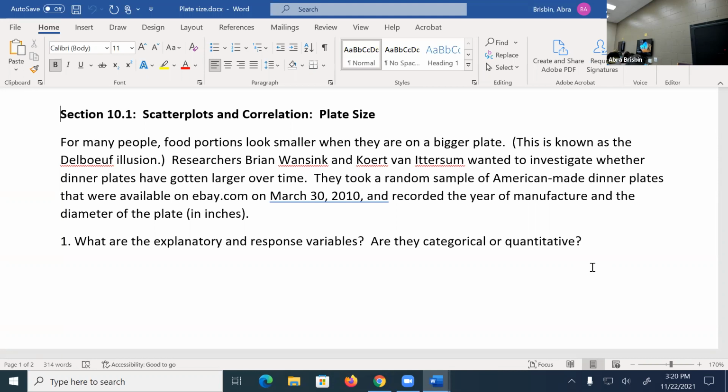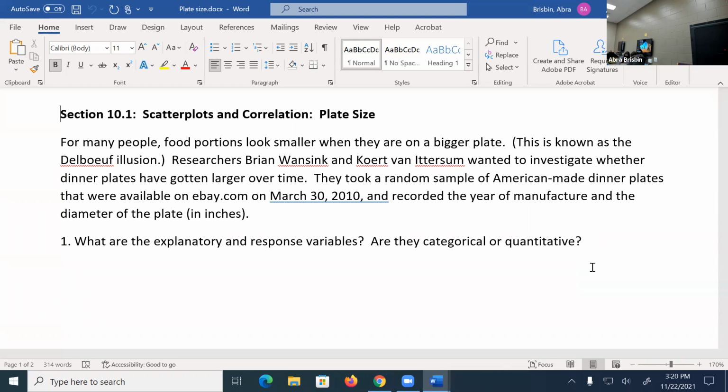I think it's positive. It is positive. So what are we guessing for this? Describe the direction. So it's linear. Yeah, so it's positive. And then the strength.